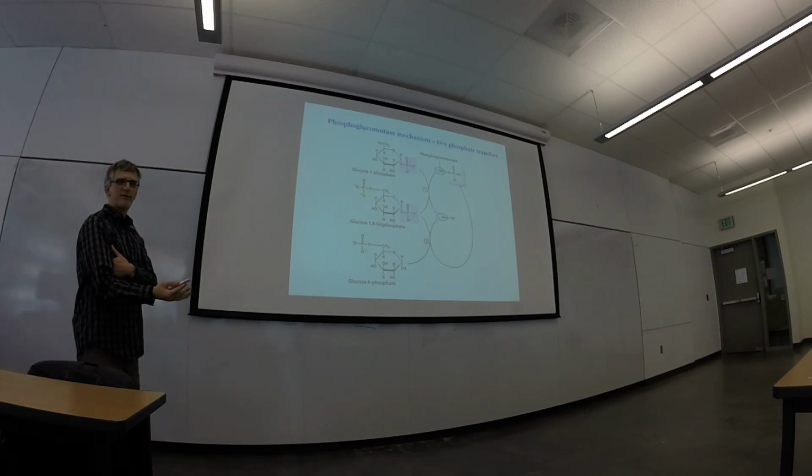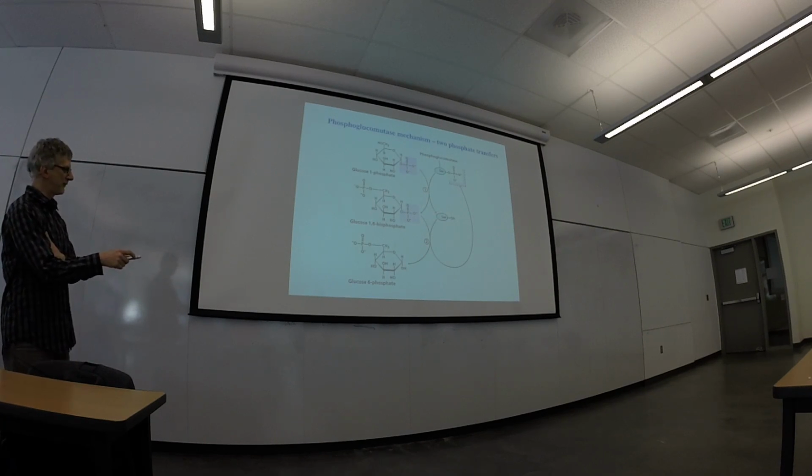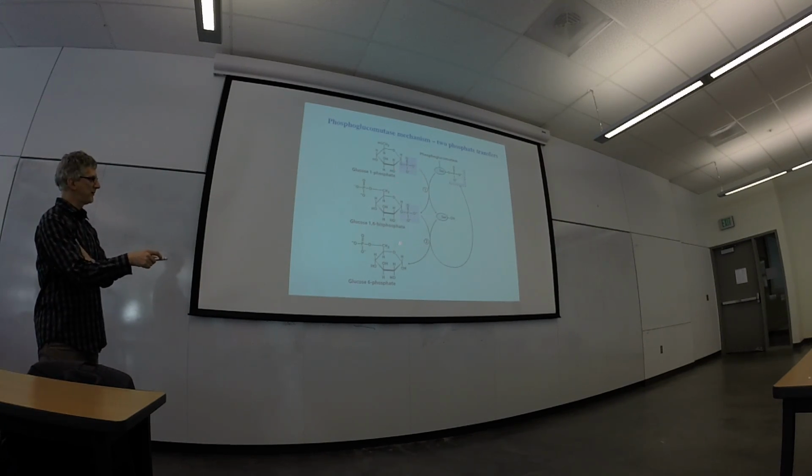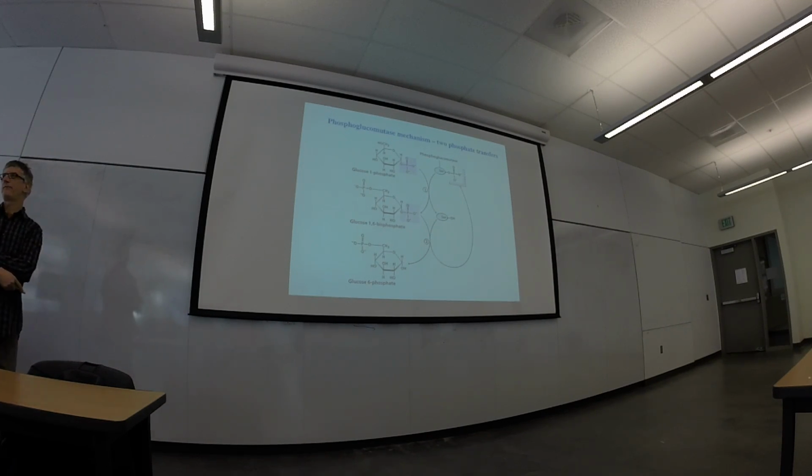It's on the enzyme. It's not diffusible. It doesn't go away. The next step is to transfer the phosphate at the 1 position back to the serine. So we've seen something like that already when we looked at the mutase enzyme in step 8 of glycolysis. So just a little bit more about that.